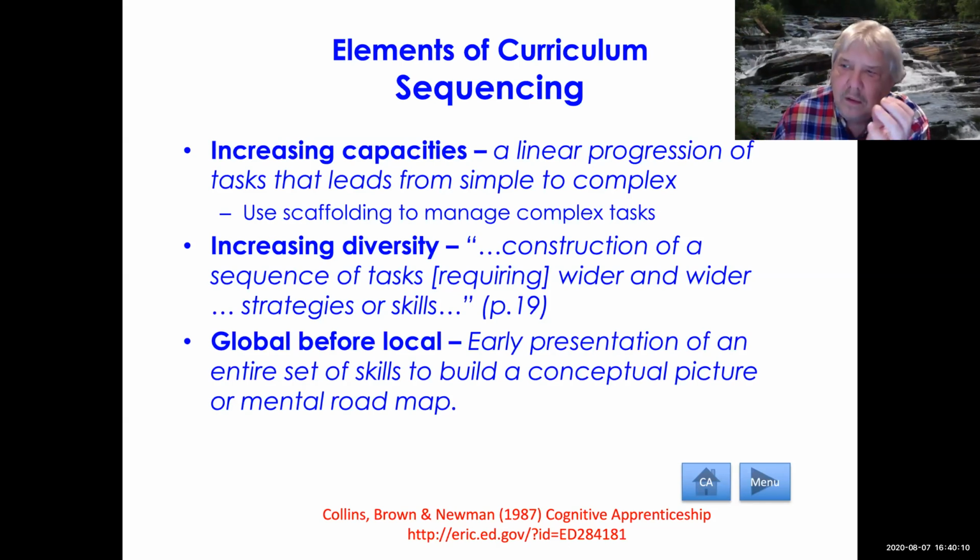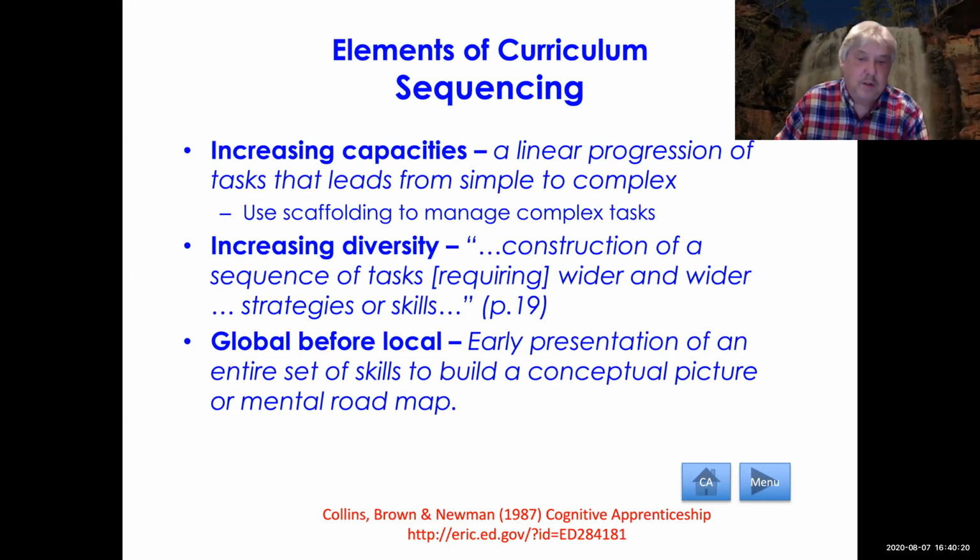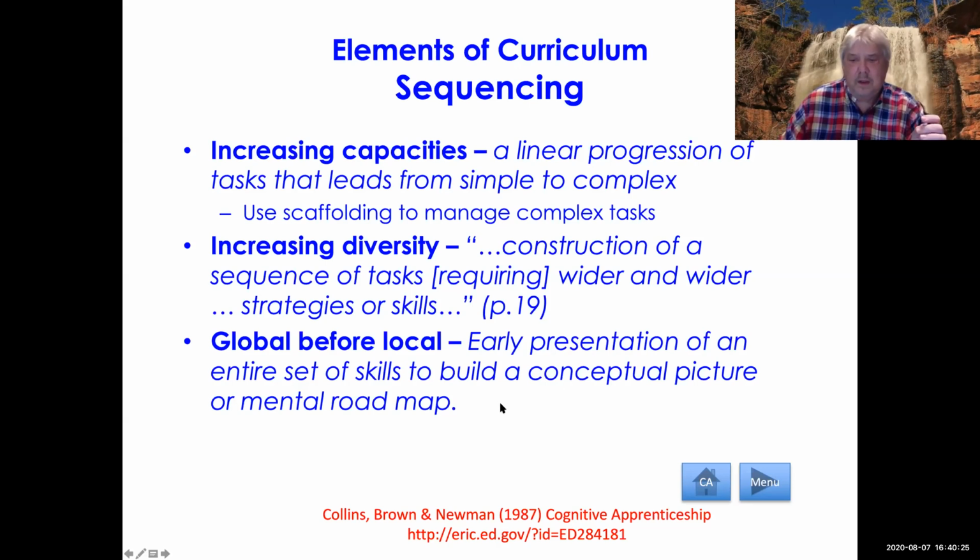But you can also take an approach where you have increasing diversity, with a sequence of tasks that require wider and wider skills and strategies. Another approach is to give global before local.